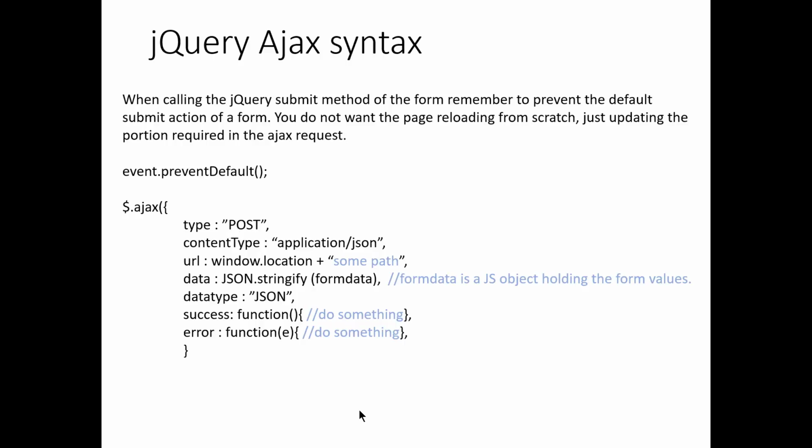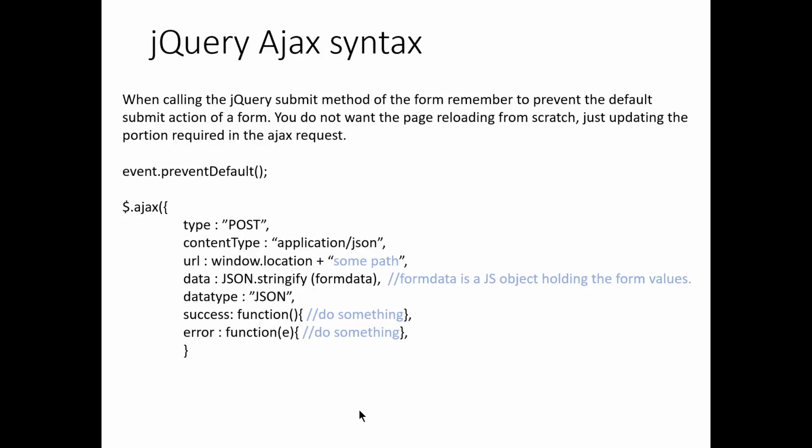When we're doing this AJAX, we don't want the entire page to be reloaded. We only want that segment of the page to be updated with the AJAX data. So we need to call a function called prevent default in our submission request so that it stops the default action and lets us get on with just doing an AJAX request instead.